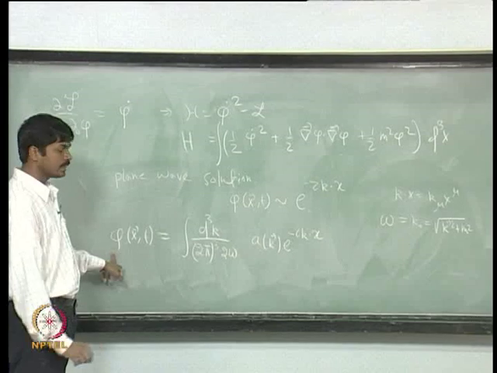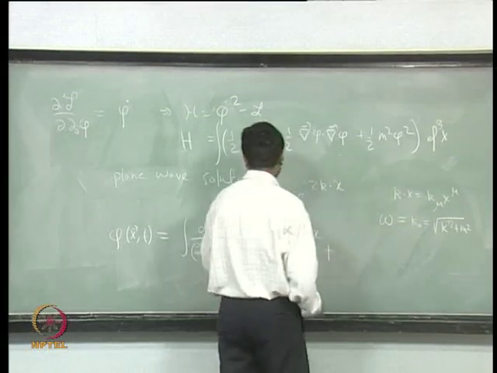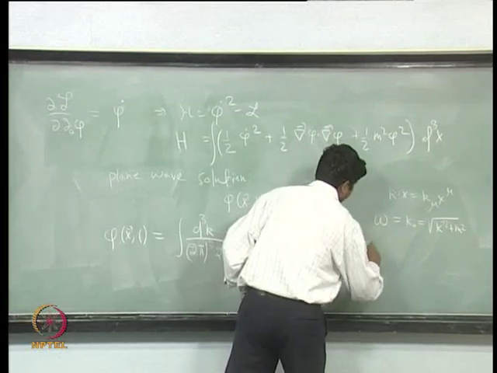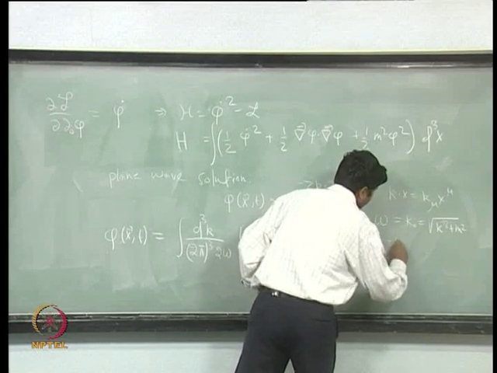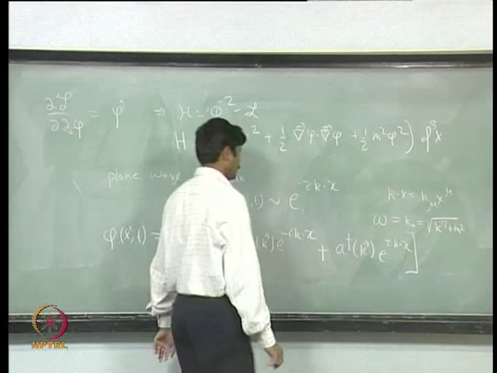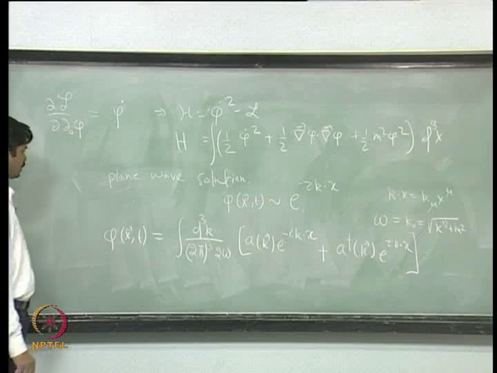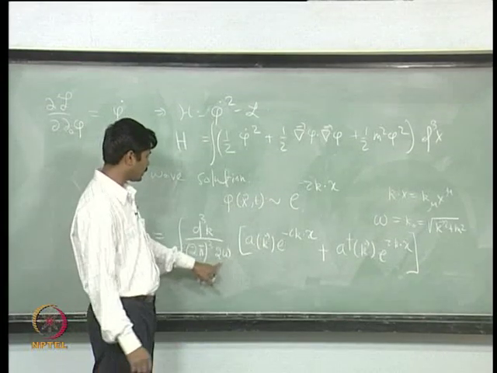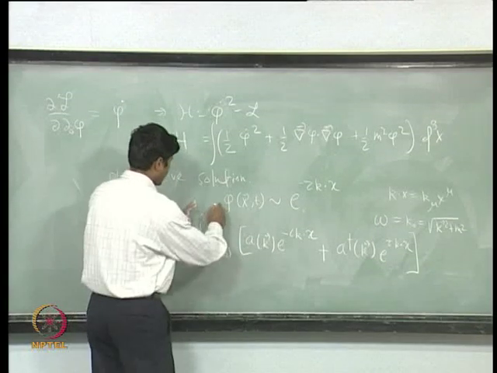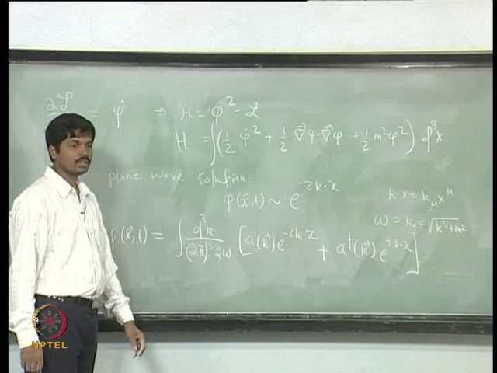Since the field phi is real, we have to also add the complex conjugate of this quantity here, which is a dagger k e to the power i k dot x. Here note that this factor of 2 omega is just for convenience. We will see later that if we take this, then the integration measure is Lorentz invariant.